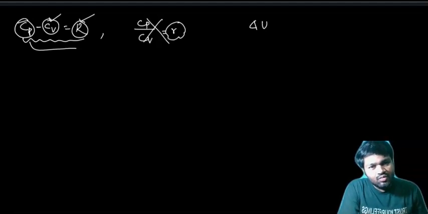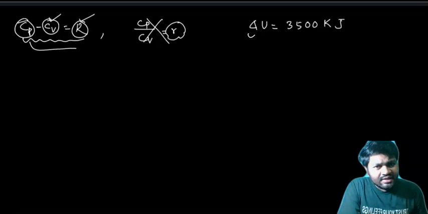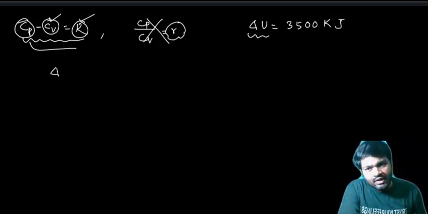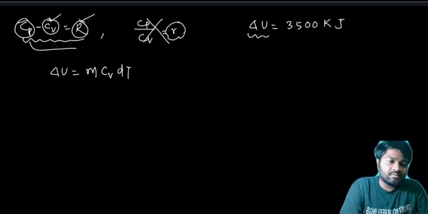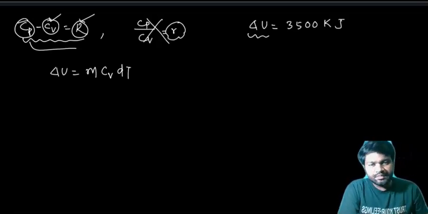That is del U, given to us as 3500 kilojoule. And can I write this del U as M Cv dT? Try to recall, right? So del U can be written as M Cv dT. There is no issue.